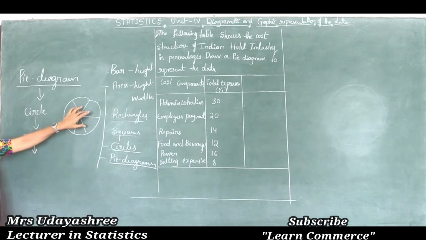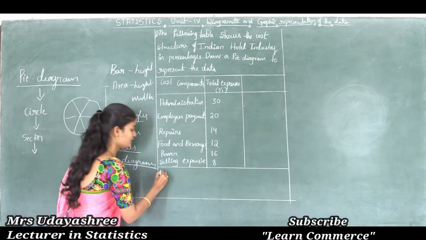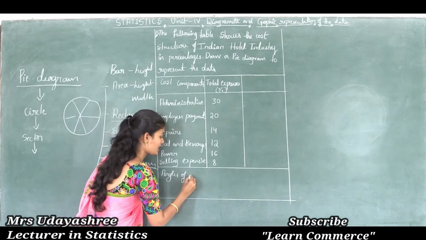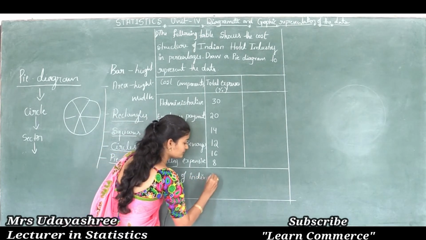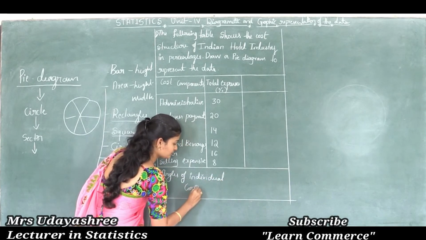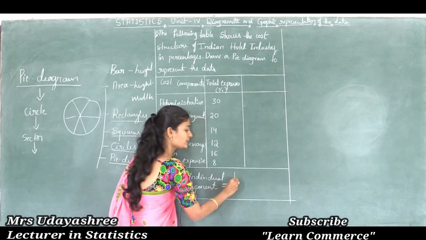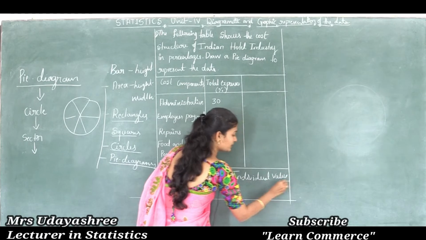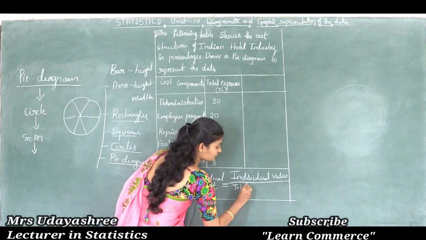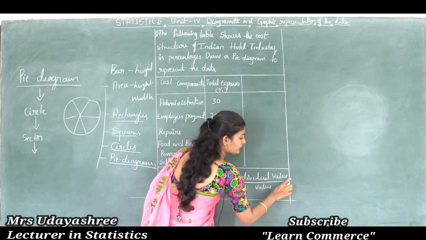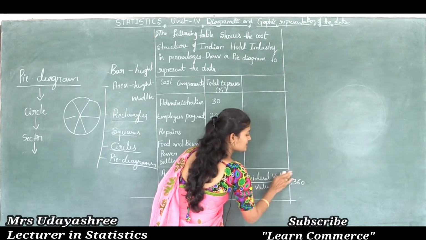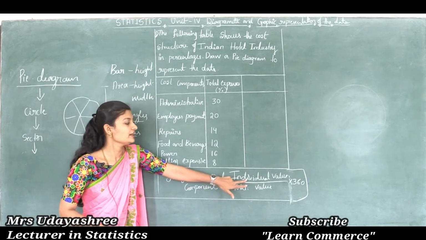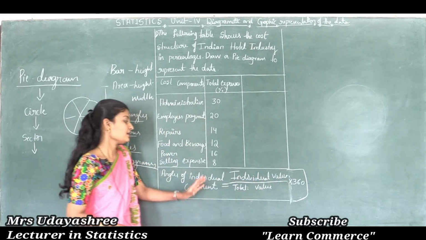To convert components into angles, we use this formula: angle of an individual component is equal to individual value divided by total value, into 360. This is the formula to calculate angles.